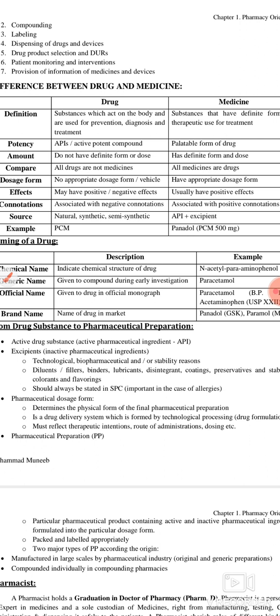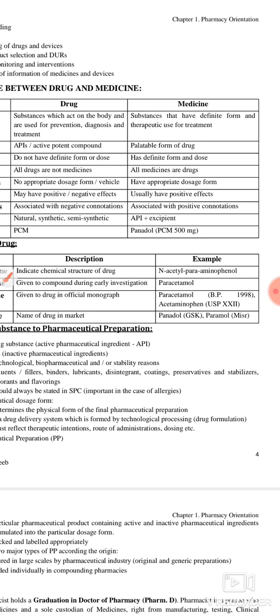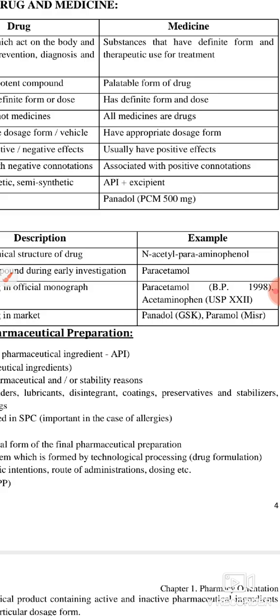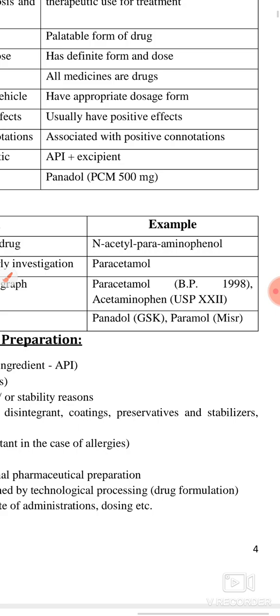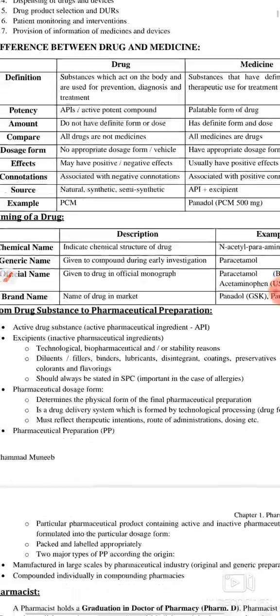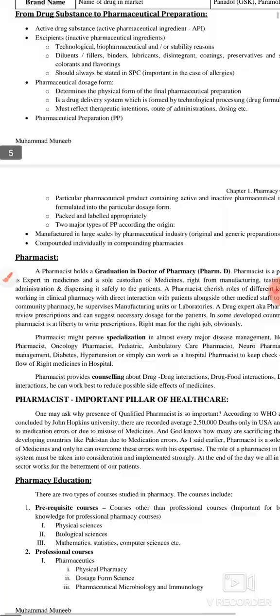When the company gives a name to a drug, this is called the brand name. For example, Panadol is actually paracetamol, but due to the company name, it is called Panadol or Paramol. This is due to where it is produced.